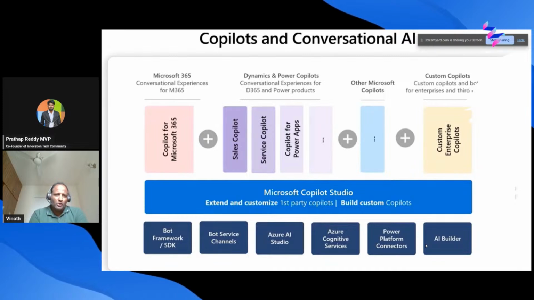But if you want the next level of conversation, for example, if you create your conversational AI and now you want to integrate the FAQ into it, that's when you want to use a Copilot.